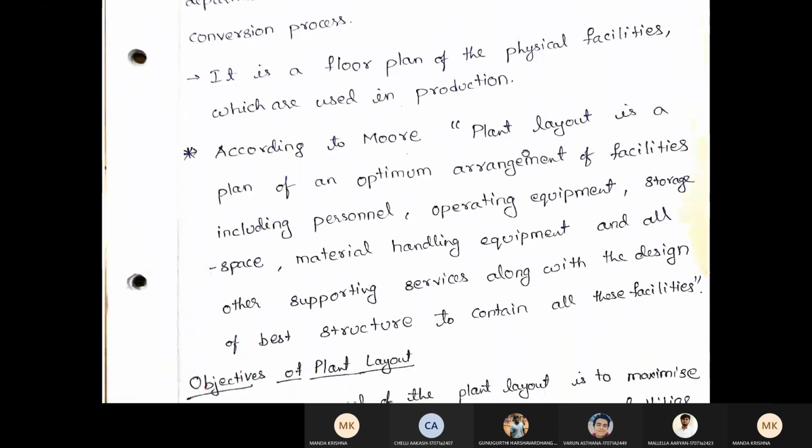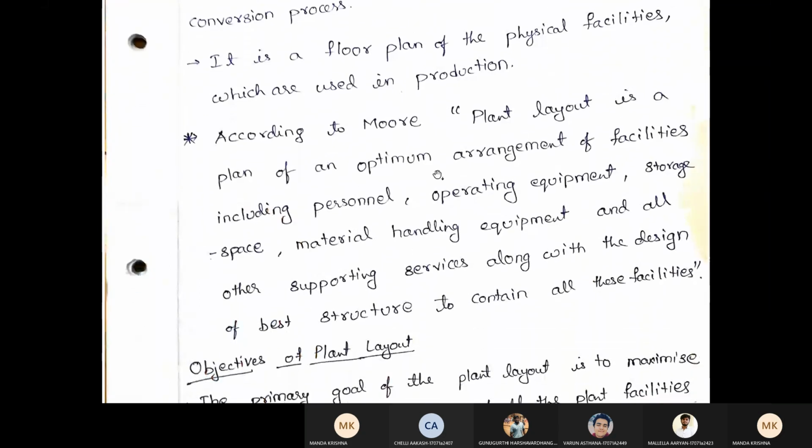The general definition is: it is a plan of optimal arrangement of facilities, including human resources or personnel, operating equipment, storage space, material handling equipment, and all other supporting services, and also along with the design of the base structure. This is the definition of the plant layout.